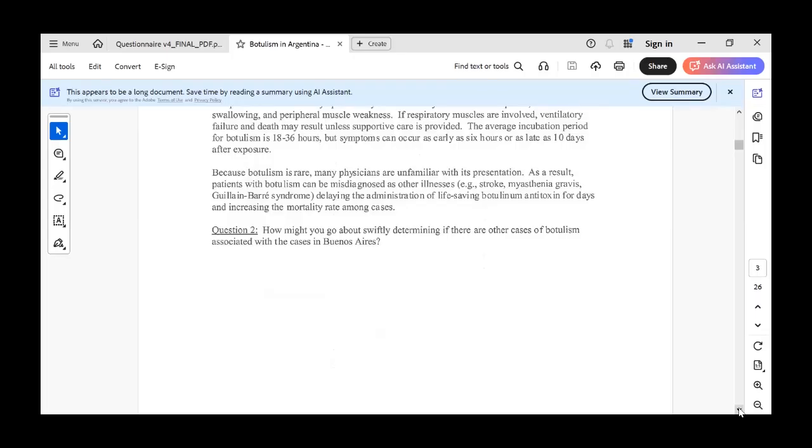As a result, patients with botulism can be misdiagnosed as other illnesses such as stroke, myasthenia gravis, Guillain-Barré syndrome, delaying the administration of life-saving botulinum antitoxin for days, and of course that results in an increase in mortality rate among cases. So how would you go about swiftly determining if there are other cases of botulism associated with these 2 cases in Buenos Aires?